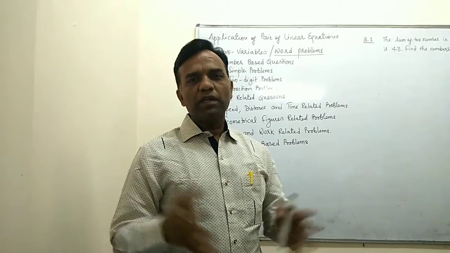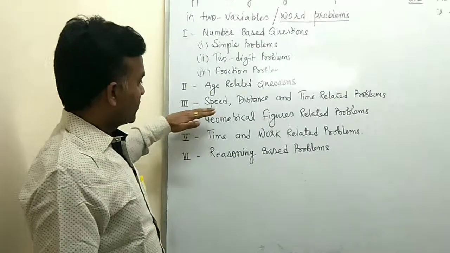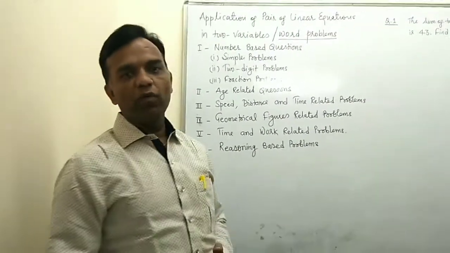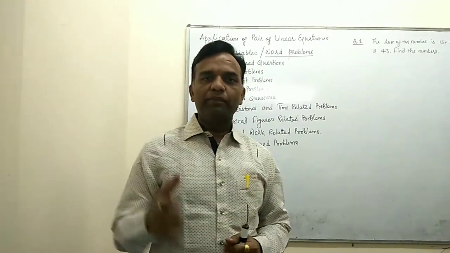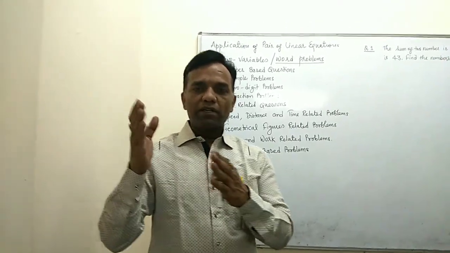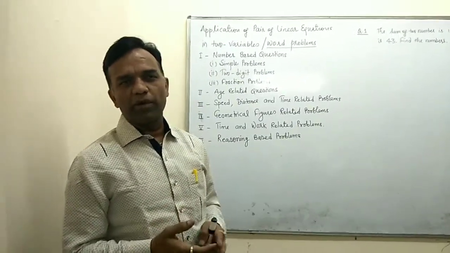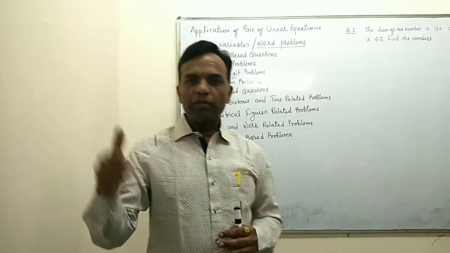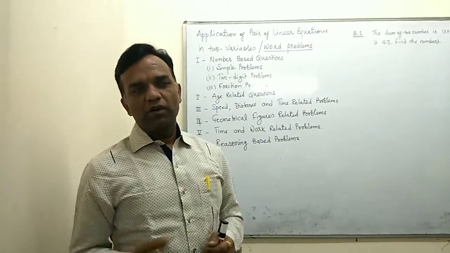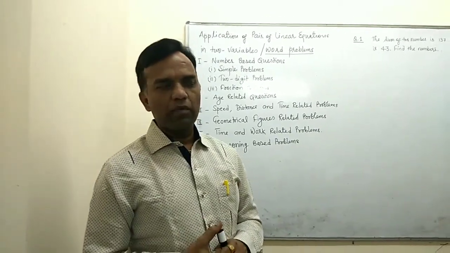The third category is speed, distance and time related questions. Suppose a person drives a car from north to south at a speed of 100 km per hour, and then the speed may be increased at a constant rate, and the time to reach a particular place changes. There are many varieties in this set of questions.